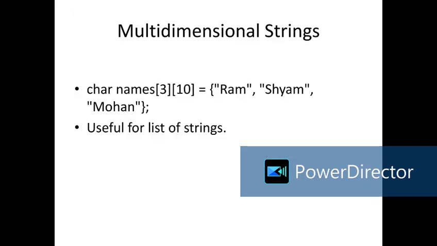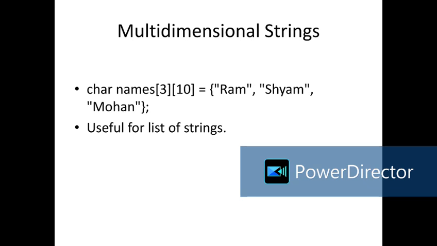Multidimensional strings in C. Let's now talk about multidimensional strings. This might sound complex, but it is actually a very powerful tool. A multidimensional array in C can store multiple strings. Think of it like a table where each row is a string and each string is an array of characters.